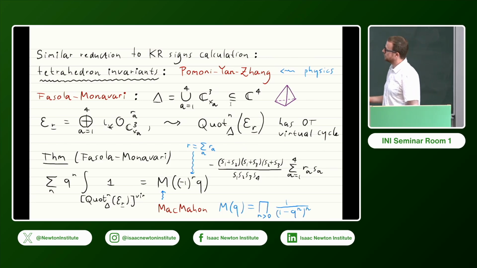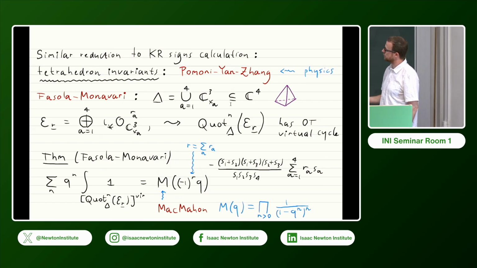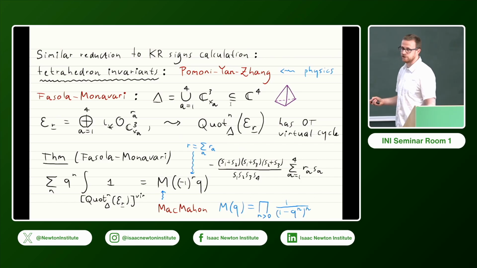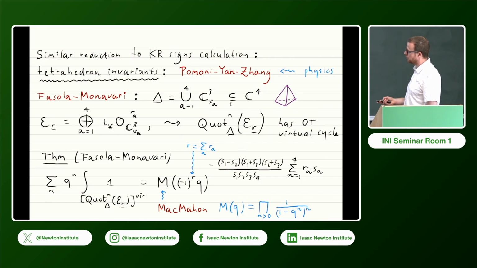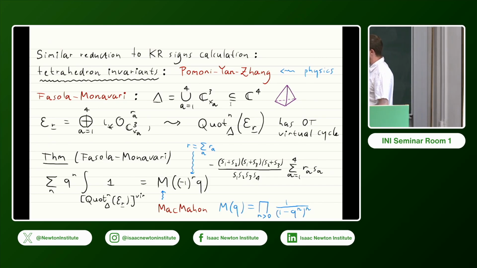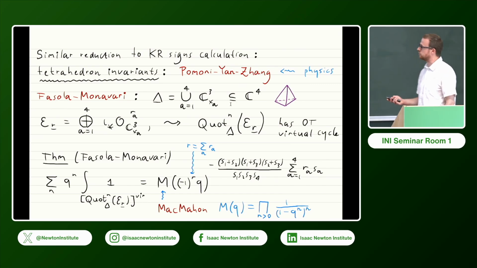And then what Nadir and Sergei showed is that this has an O-Thomas virtual cycle, which produces what they studied in physics. And in fact, in this case, there is a nice formula. If you put all the degrees of these virtual classes into a generating series, you get McMahon of -1 to the R times Q. R here is the total rank, if you sum up all of these ranks.